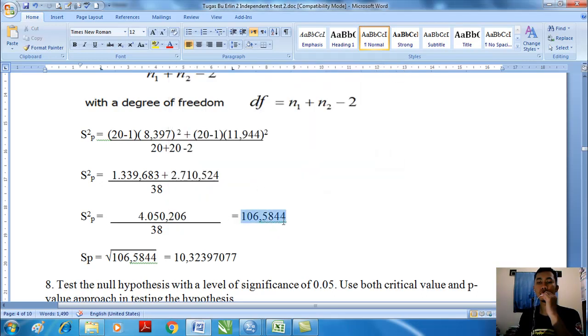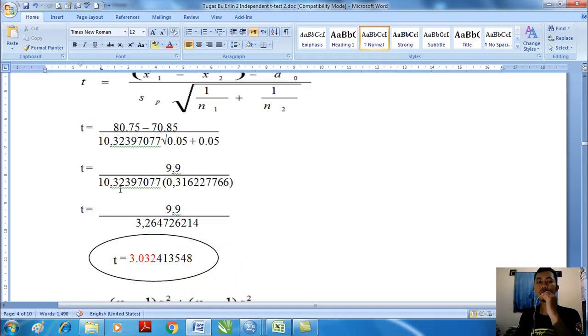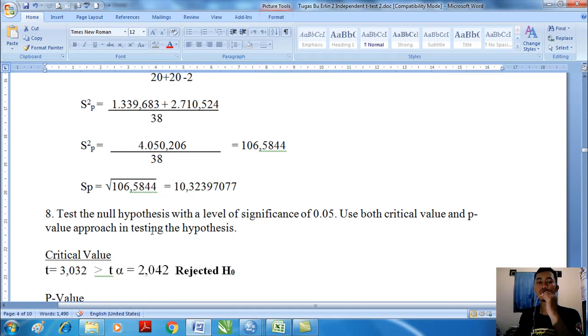We find this one, and then don't forget, because this is the square, of course SP here, SP means we have to take the square root of 106.544.